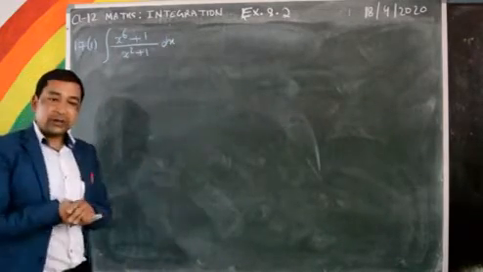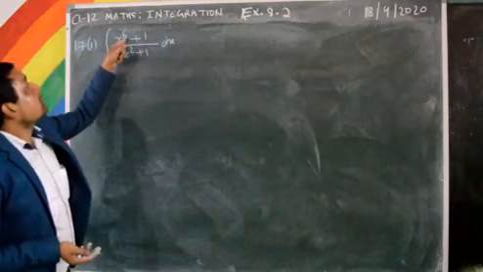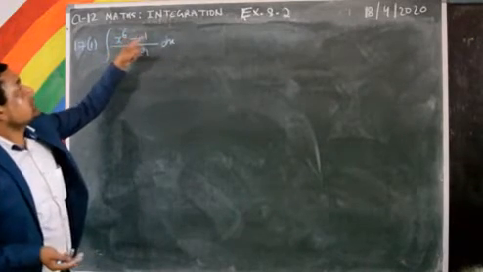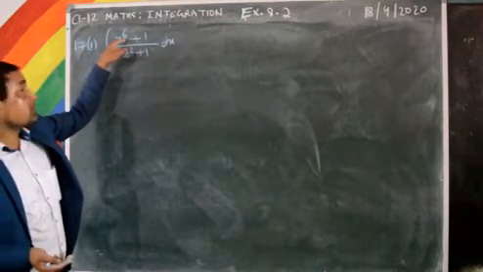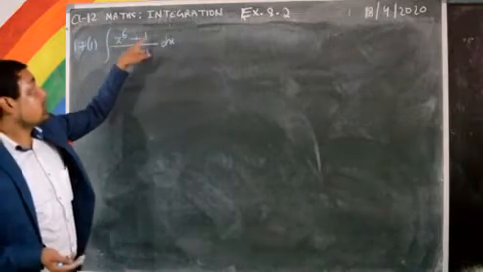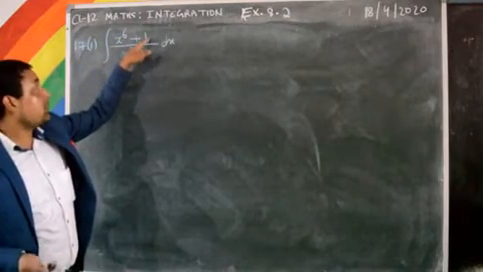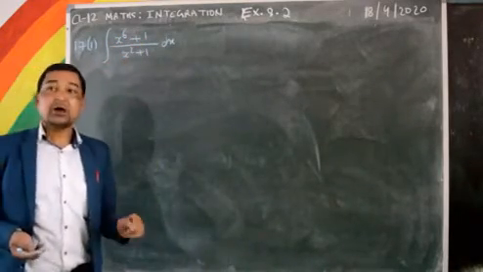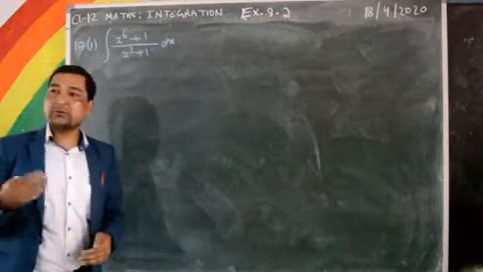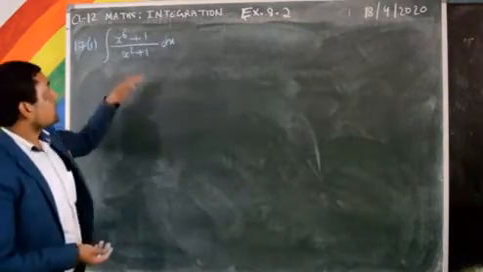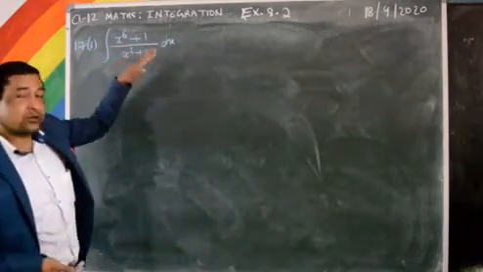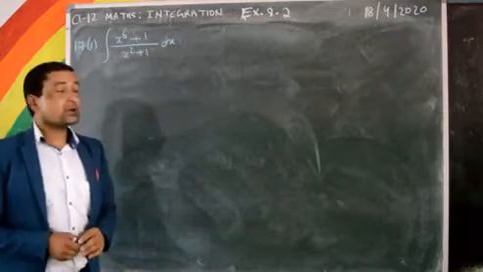And there are two ways. Either use the formula: first break this power and convert it into cubes, x square cubed and 1 cube. Then use the cube formula to eliminate this denominator. Otherwise, if you forget the cube formula, then divide this numerator by the denominator, you will get the same answer.